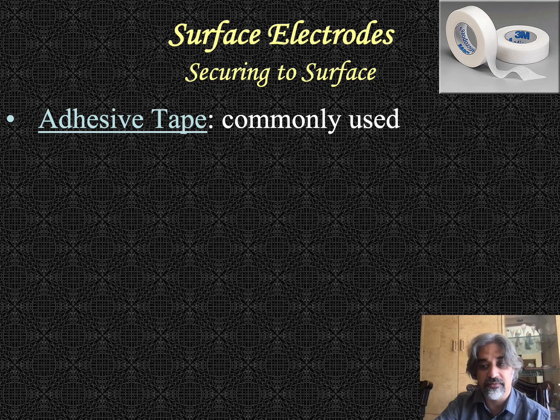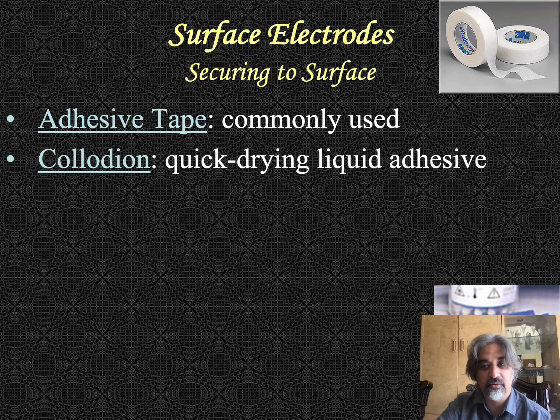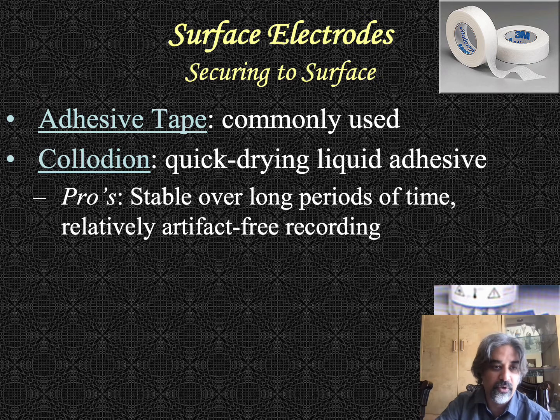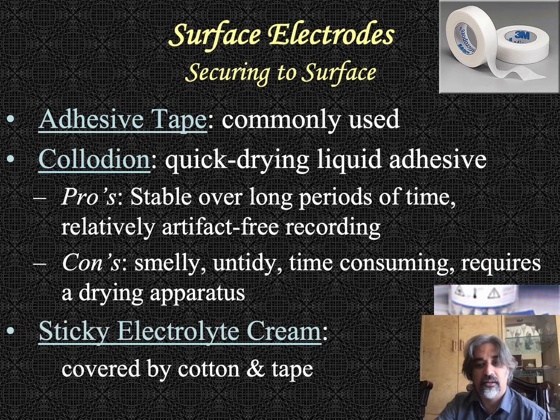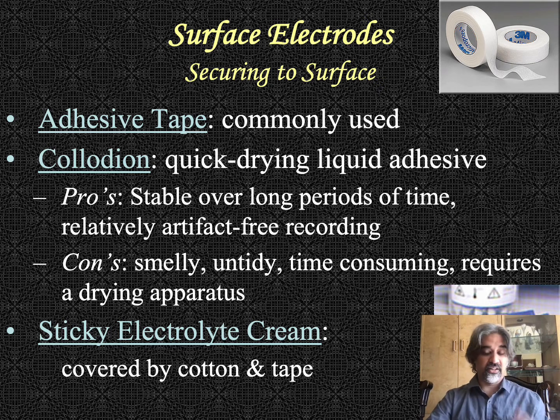Usually we use adhesive tape to secure the electrode, although there is a quick-drying, liquid, smelly, untidy, time-consuming adhesive which requires a drying apparatus called collodion. And you can also get a sticky electrolyte cream. I don't recommend these for routine nerve conduction studies or electromyography.